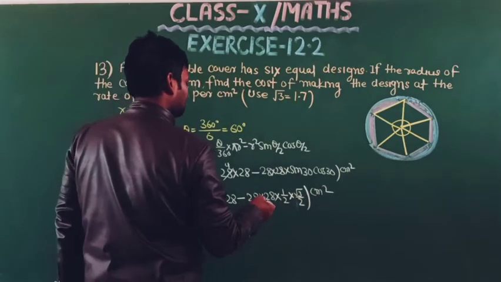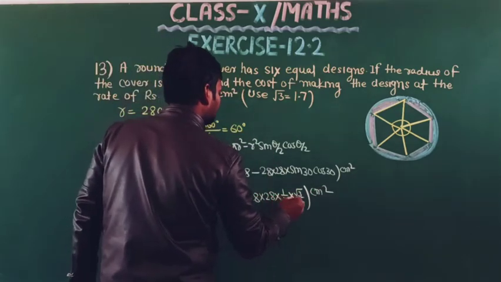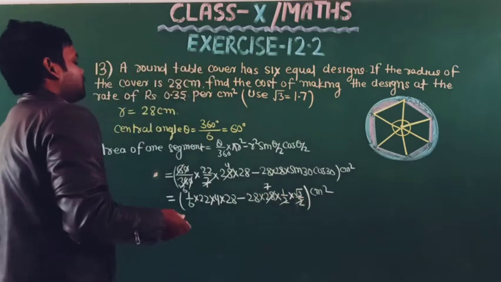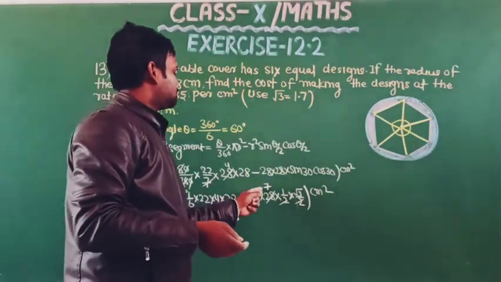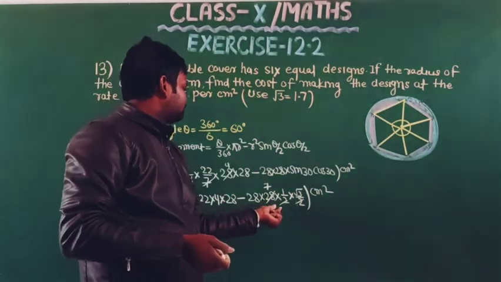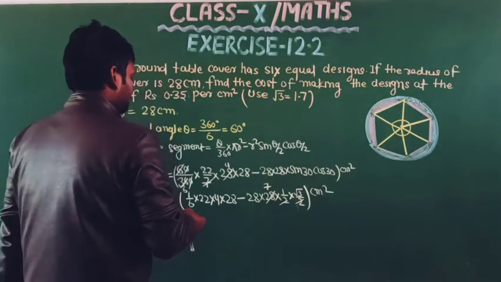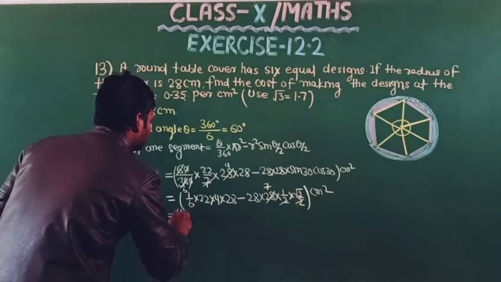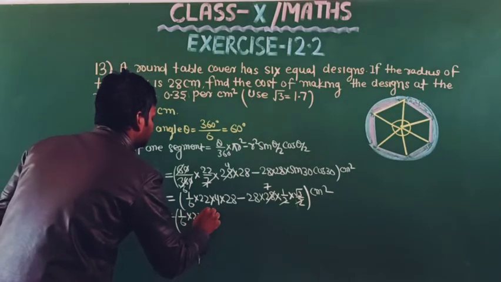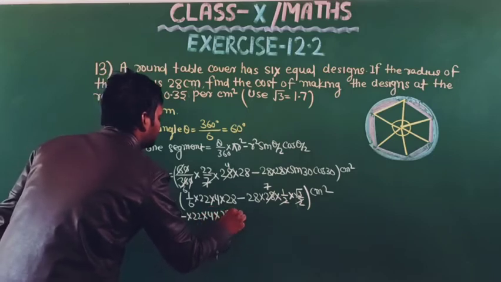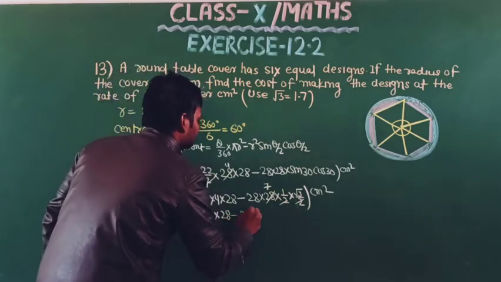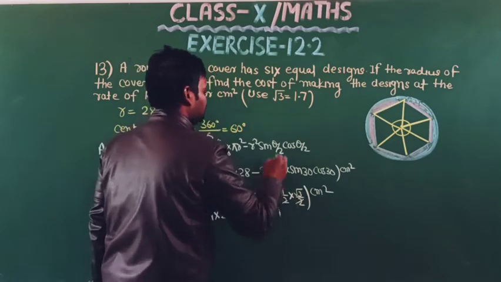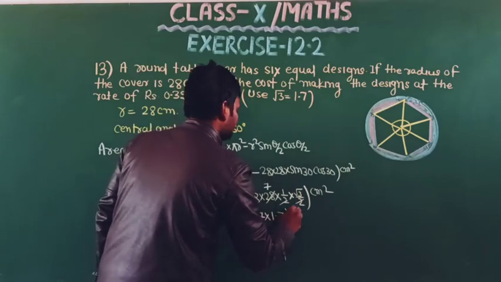Here we can cancel 28 in 7 times. So this is 1 upon 6 into 22 into 4 into 28 minus 28 into 7 into the value of root 3, using root 3 equal to 1.7, centimeter square.